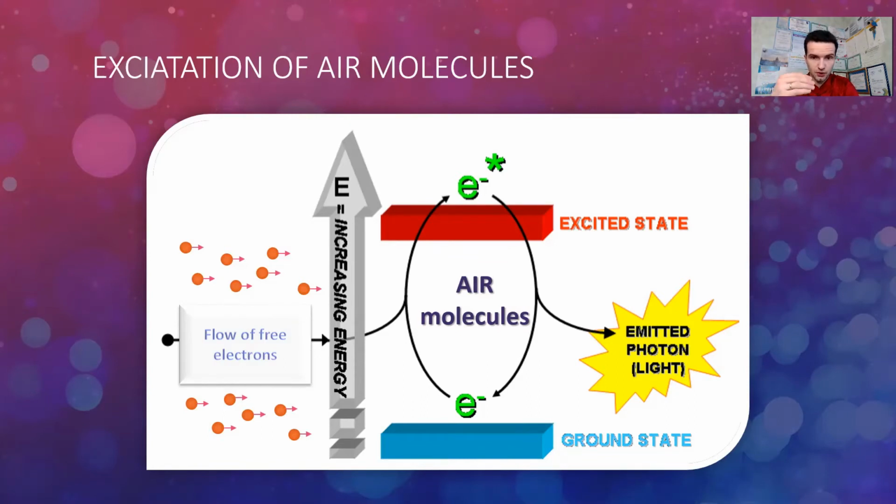And just because of this increase in energy and due to the laws of quantum physics, it's not a normal state for this molecule, and it cannot stay at this energy level for a long time. So after some time, it relaxes back to the ground state, the initial state of energy, and the excess of energy is emitted in the form of light. So exactly this light we can see on the images in GDV.